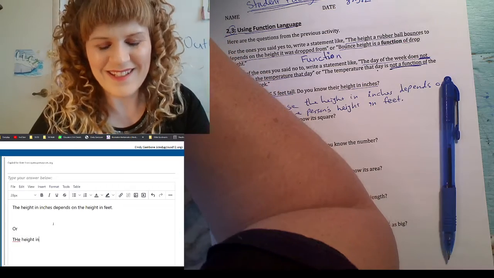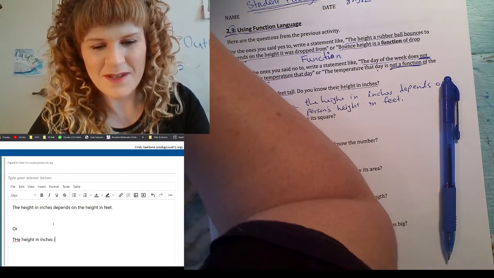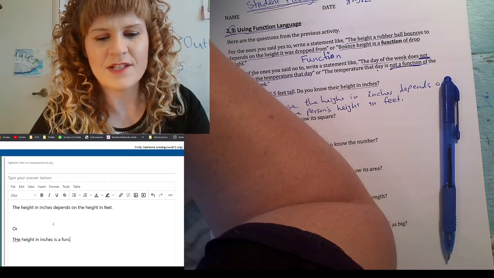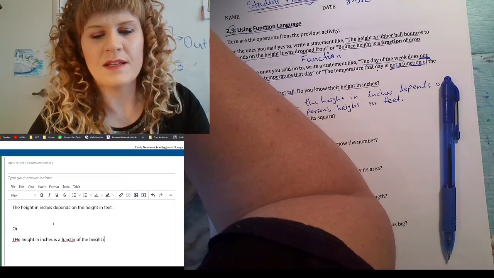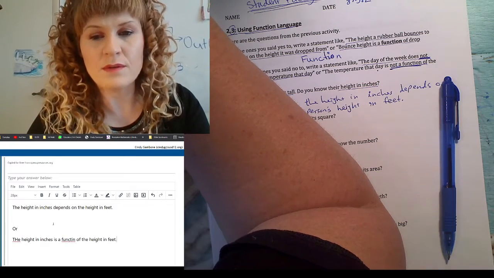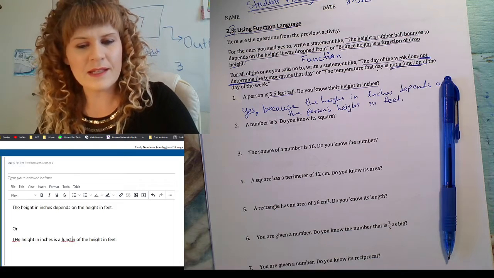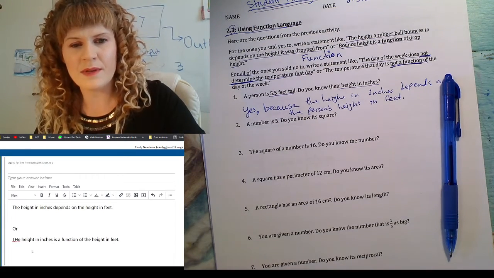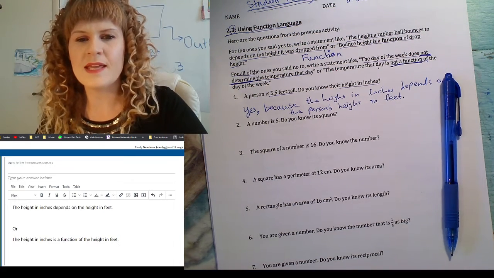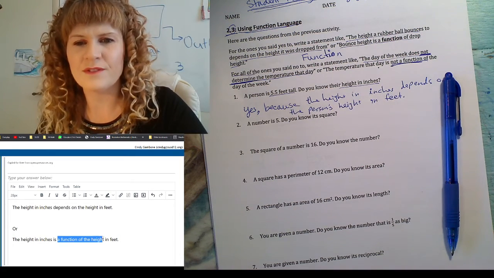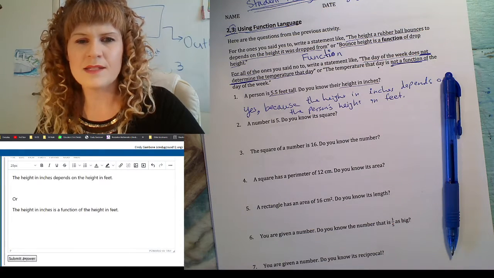The height in inches is a function of the height in feet. So what that means, if you know the height in feet, you definitely know the height in inches. It depends on how many feet that is. We can say it is a function of the height in feet. It depends on that. And submit your answer.